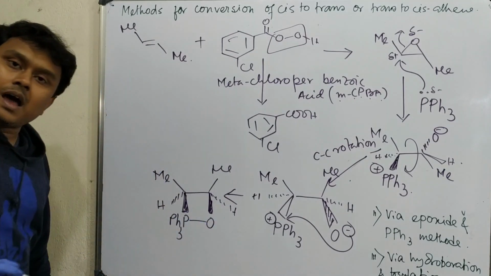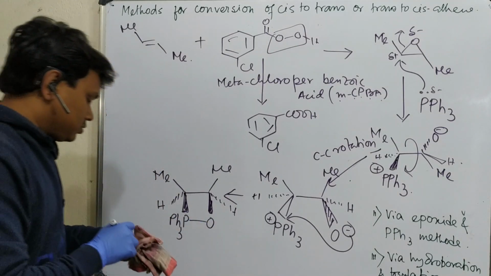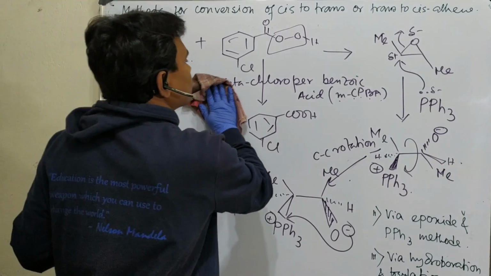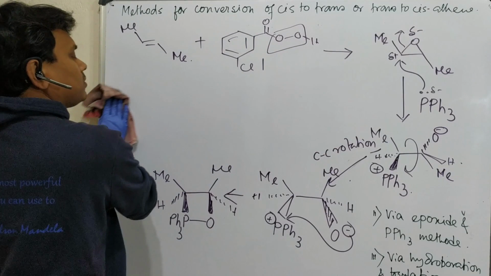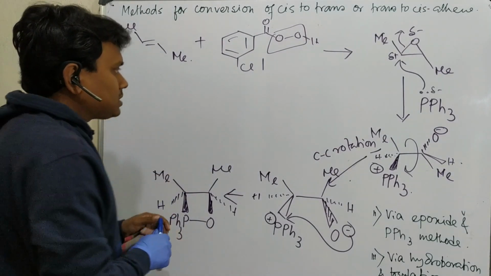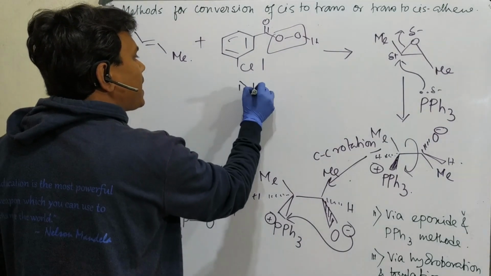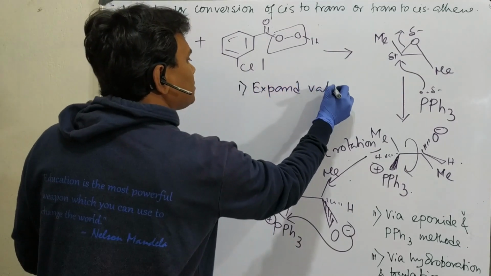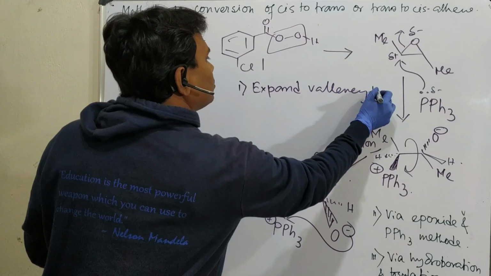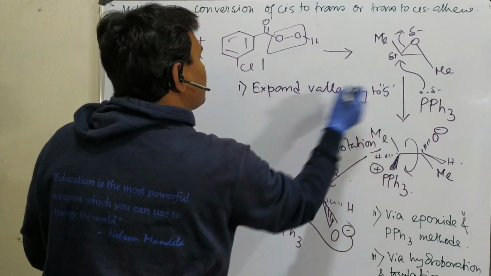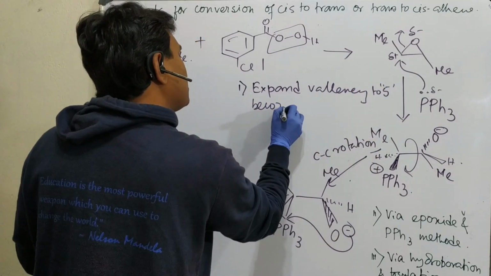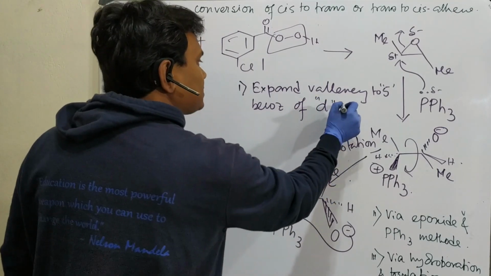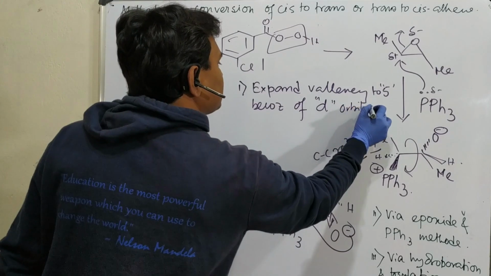And why can this happen? It can happen because phosphorus can expand its valency to 5, because of having energetically accessible d orbitals.